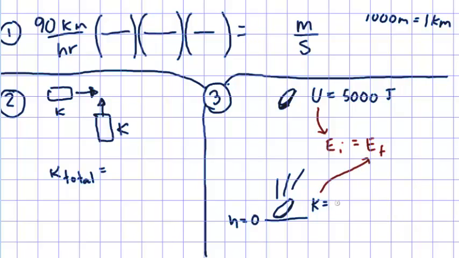So that means the kinetic energy must also equal 5,000 joules. And our goal, though, is to figure out what the mass of the coin is. And since we know our speed is given as 400 meters per second, we know the speed, we know the kinetic energy, and we can figure out the mass.